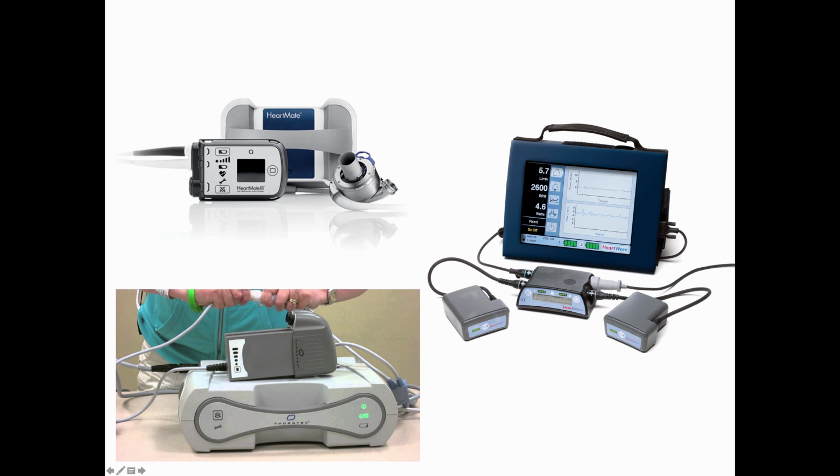This is the HeartMate device. This is the control center for the device itself. You can see there are several manufacturers, the Thoratec device here, the HeartMate device here, and then the monitor that you see for the HeartWare device in the ICU looks like this, and it has three important numbers on it.